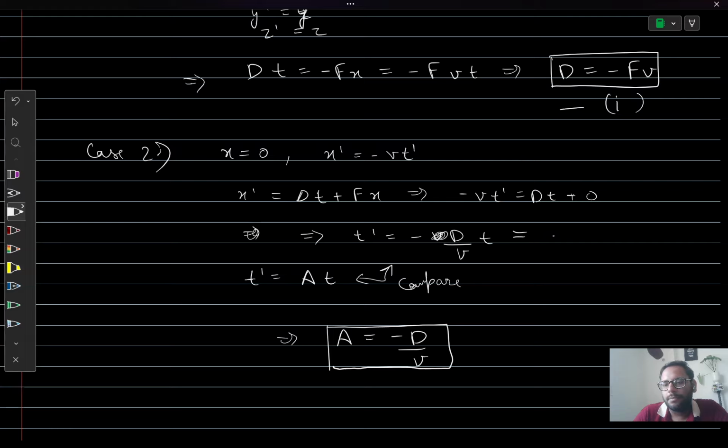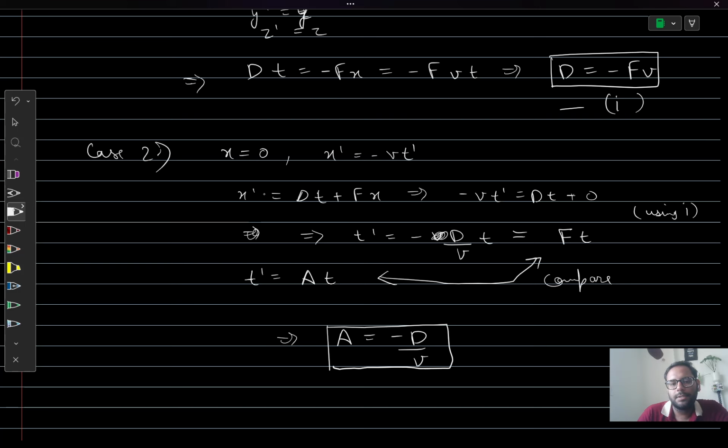So using the first equation, this will be equal to ft, and you compare both of these equations now.